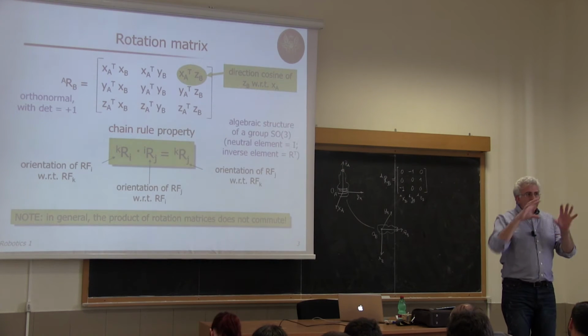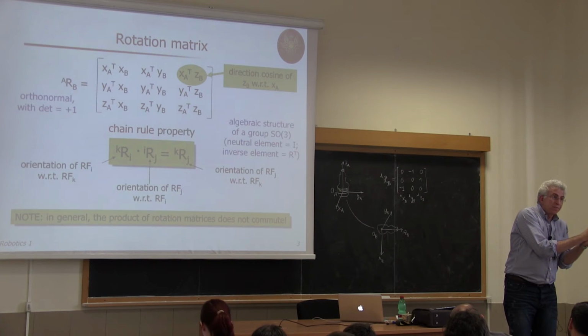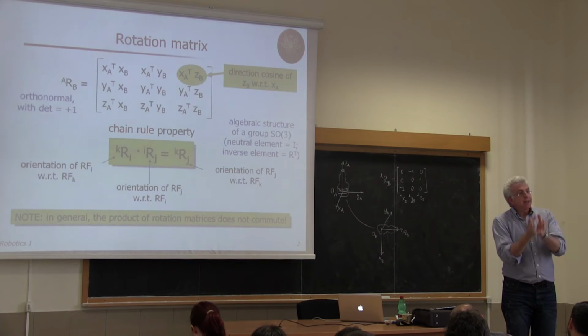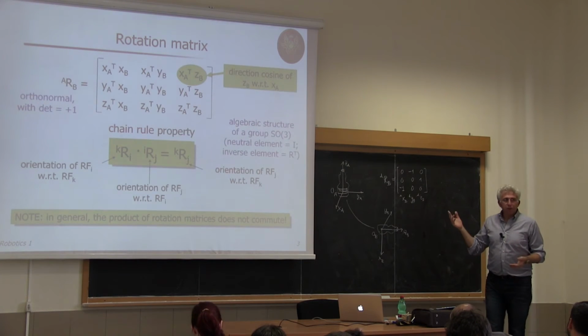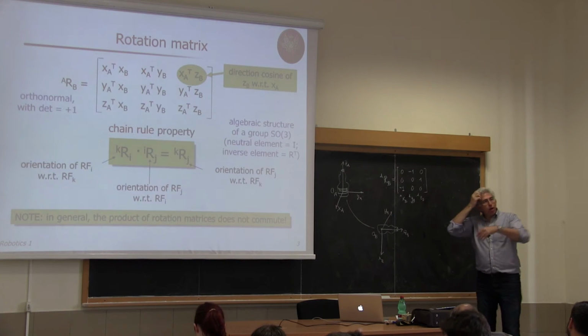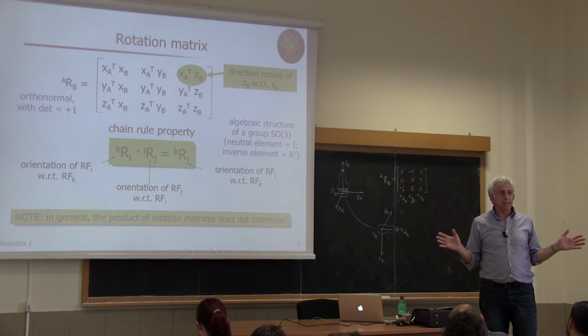But if we are using it as a representation of orientation, then I can interpret the columns as orientation of the axis of one frame with respect to the other frame. And this solves our problem of representing things.